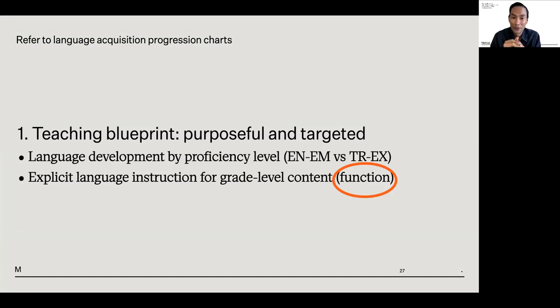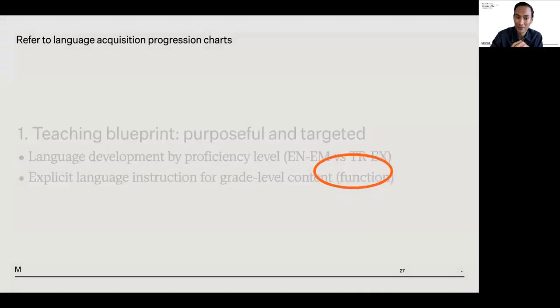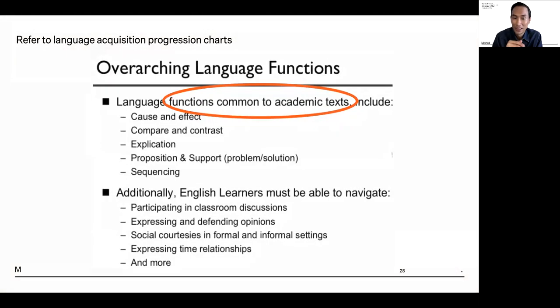And the explicit language instruction, stay with your grade level and make sure that you're focused on the function that the content demands. So for example, these are common functions in academic texts. We've seen cause and effect, compare and contrast, explaining, sequencing.